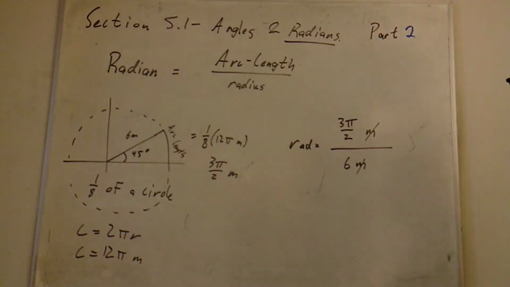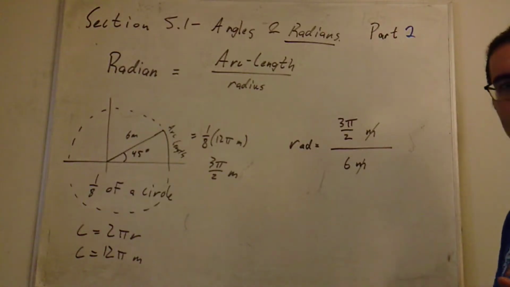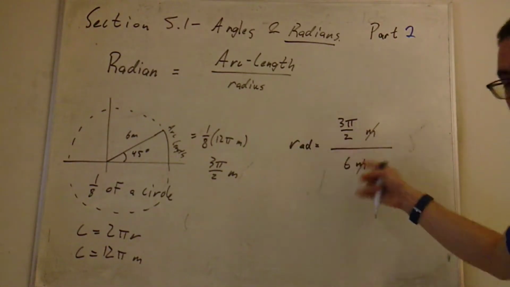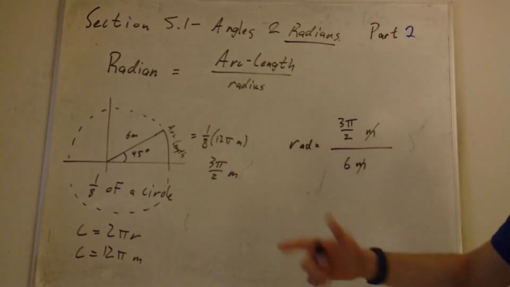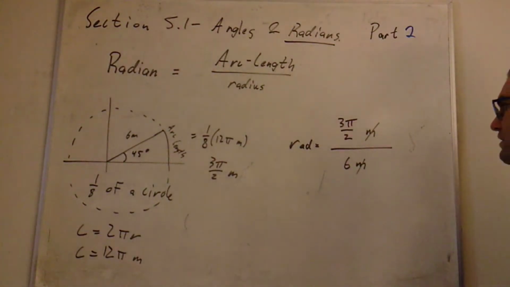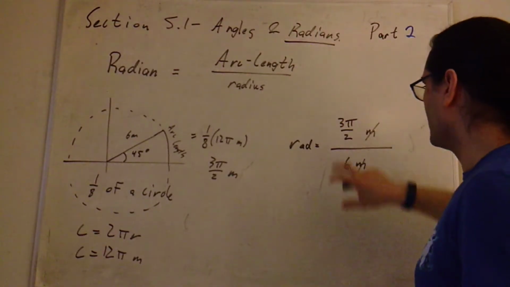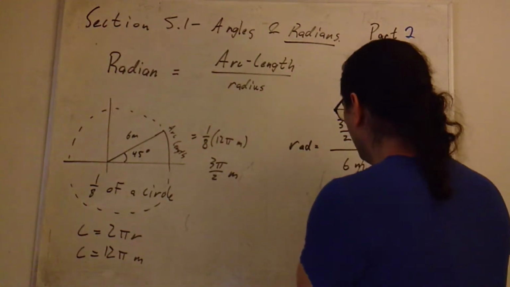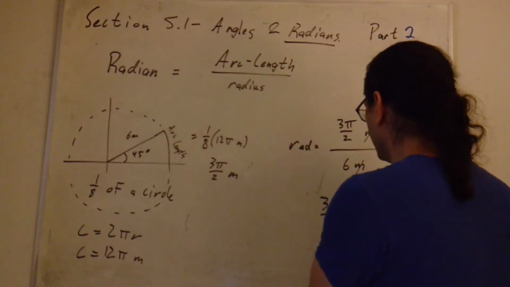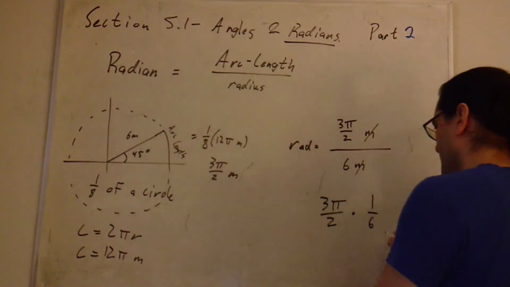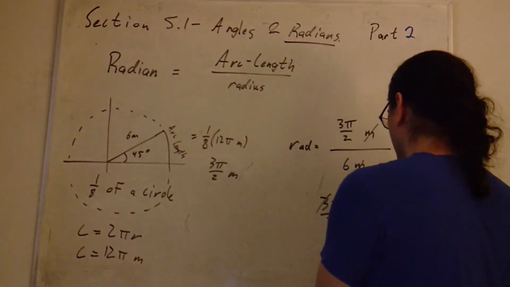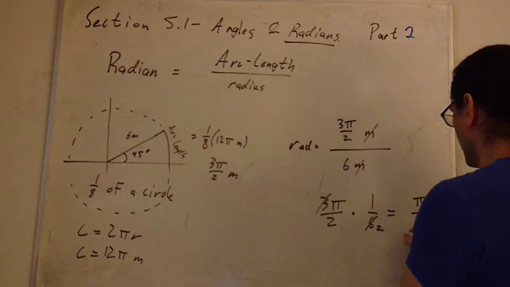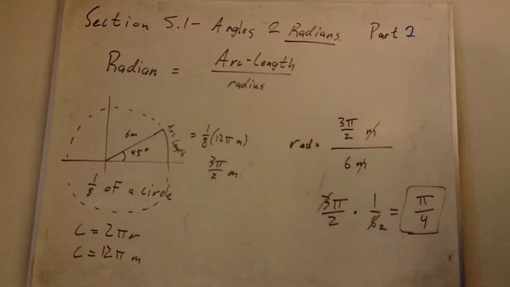It's not like meters is one-dimensional, meters squared is two-dimensional, gives you area. These things are not any kind of distance. They have no dimension. So meters is gone. We just have to do 3/2 pi over 6. That's the same as 3/2 pi times 1/6. I can pull a 3 out of both of those and leave a 2 on the bottom. So that should give me pi over 4.